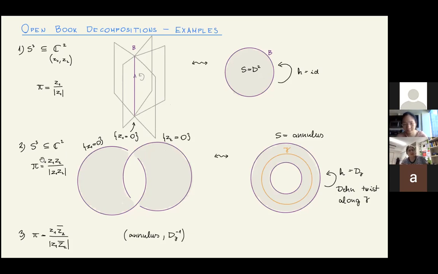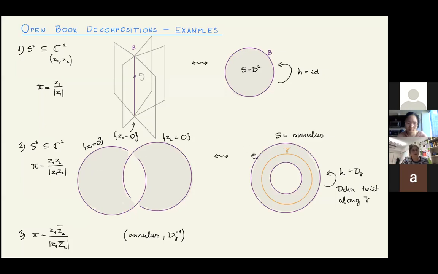Also, if you take a slightly more complicated polynomial, z1 z2, then you can take its zero set, and that's going to be a Hopf link. And the fibration is going to be again the angle of z1 z2, so z1 z2 divided by its absolute value. And then you can just check that the pages in this case are going to be annuli.